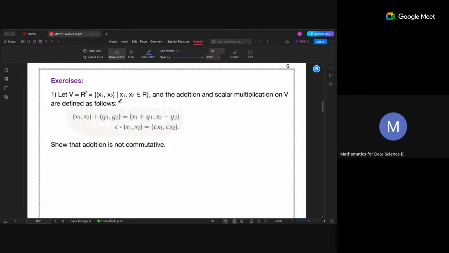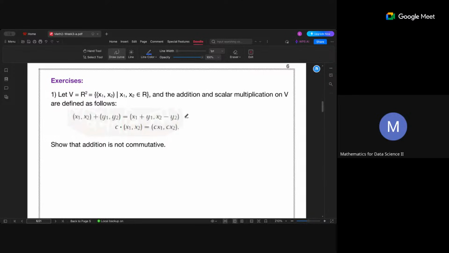Here you see that the addition can be defined in several different ways. The addition and scalar multiplication need not be the usual addition and scalar multiplication. For example, the usual addition, you know, is x1 plus y1 and x2 plus y2.